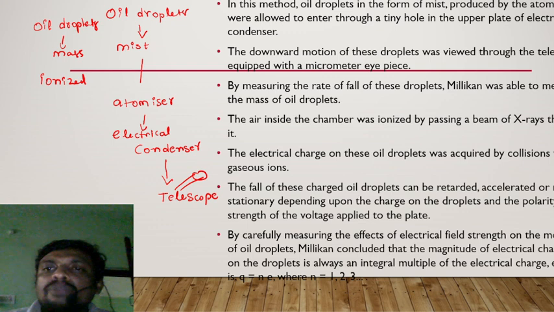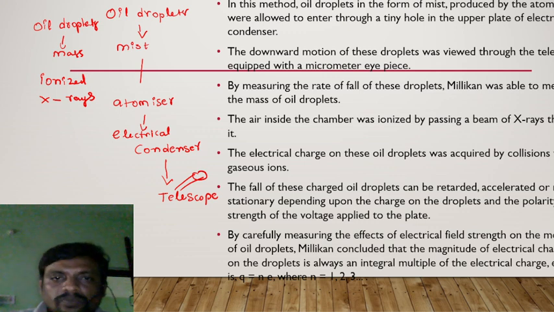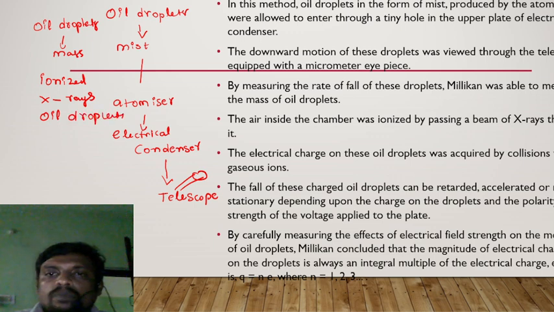A beam of X-rays is generally passed through it. The electrical charge on these oil droplets was acquired by collision with gaseous ions.